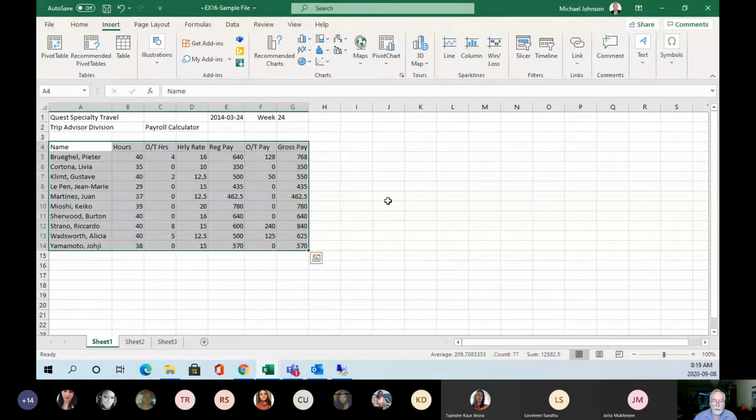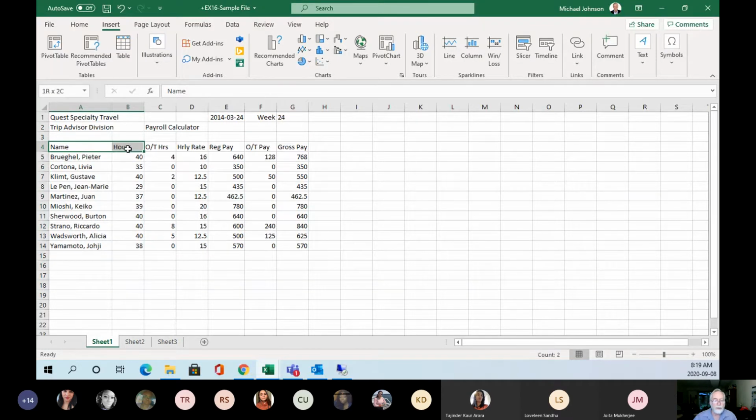Okay. Now, there's only one chart we can't use with this kind of data format, and that's a pie chart. The reason for that is you would have to have just one set of numbers with one set of fields. That would allow you to have a pie chart. So we're going to play around with a number of different types.